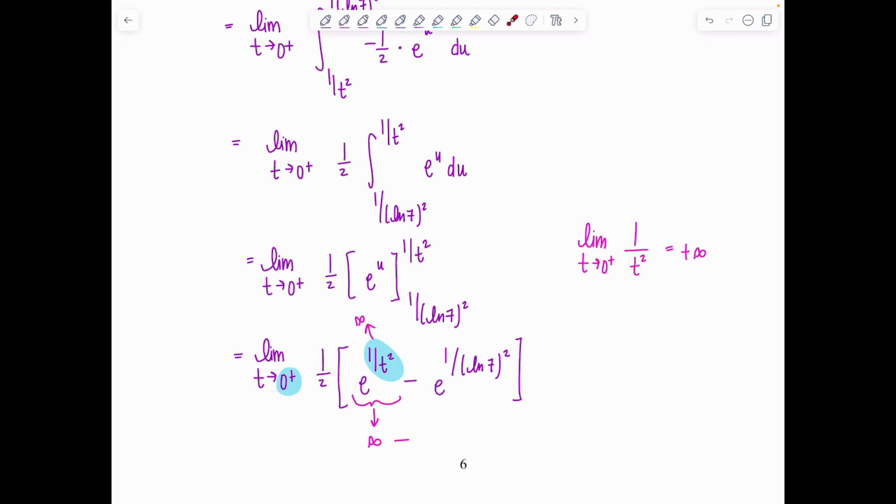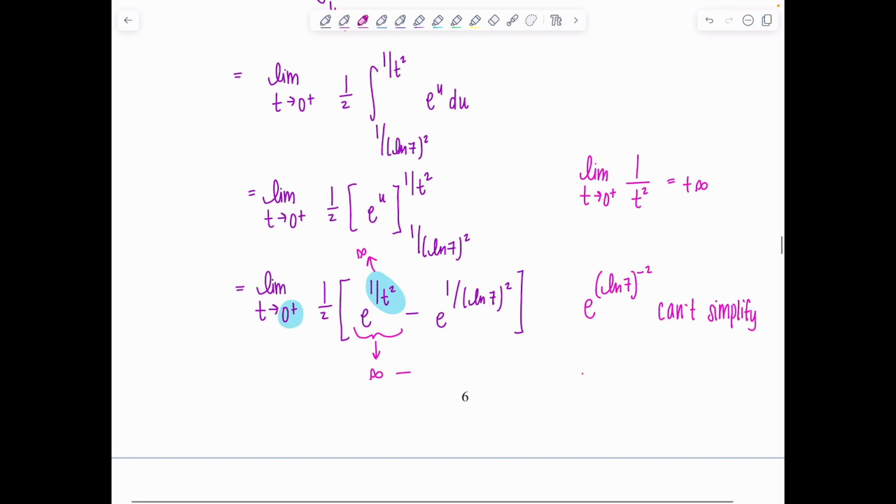Minus. No, this doesn't cancel. Even if you tried to write it as e to the natural log of 7 to the negative second, no, nothing. Can't simplify. And I know it's tempting, but you have to keep in mind, log properties are very precise. If you have natural log of a raised to the b, the exponent is just on the argument, then yes, you can move it to the front.